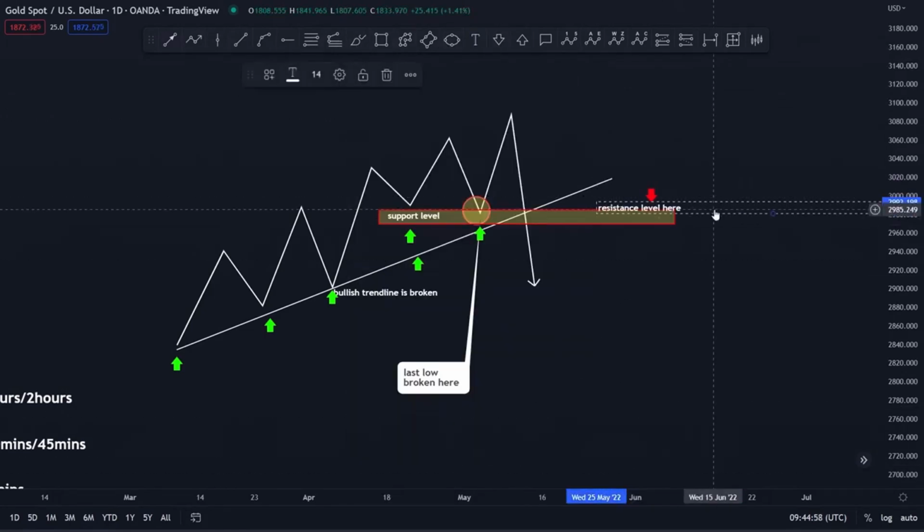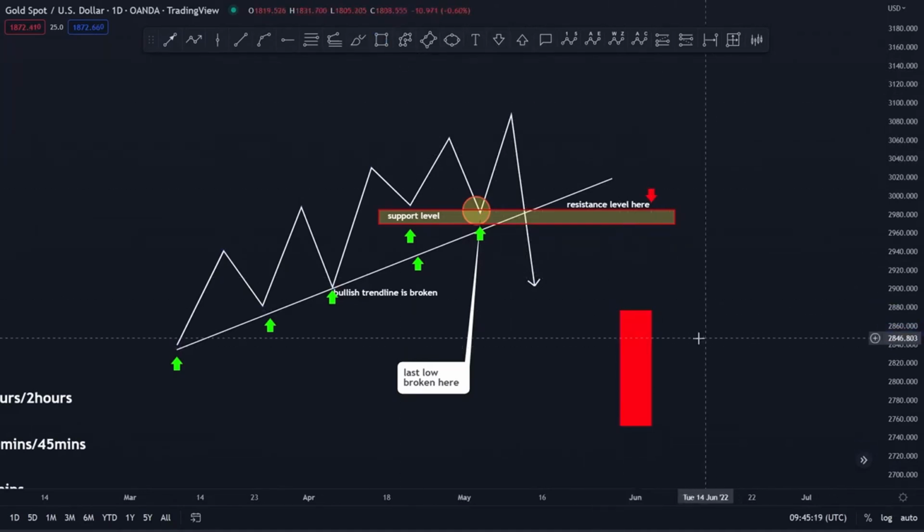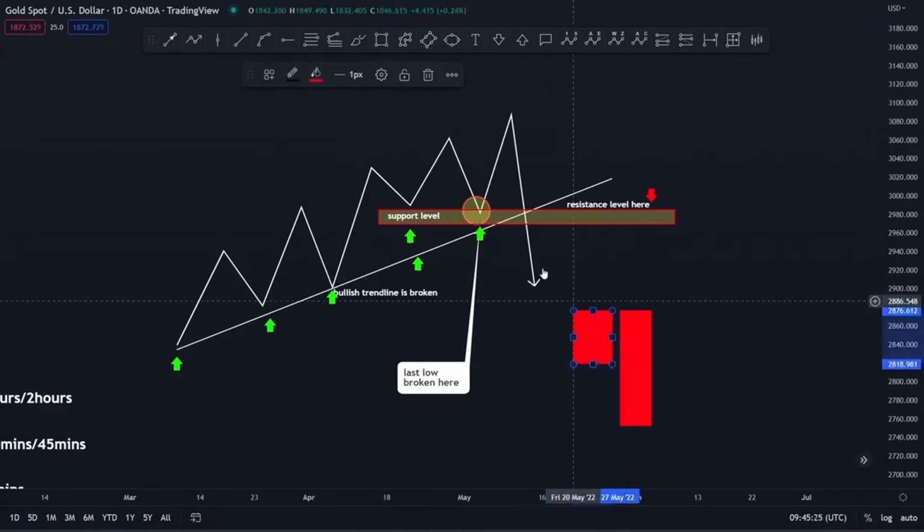So after doing something like this, you see this move here, this impulsive move here, in the higher time frame, you will see something like this. In the higher time frame, with only just two candlesticks, this is going to be bullish.